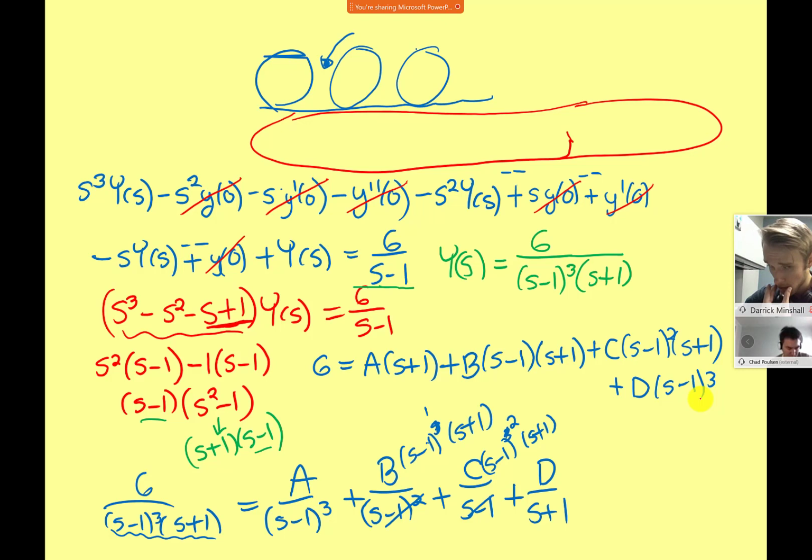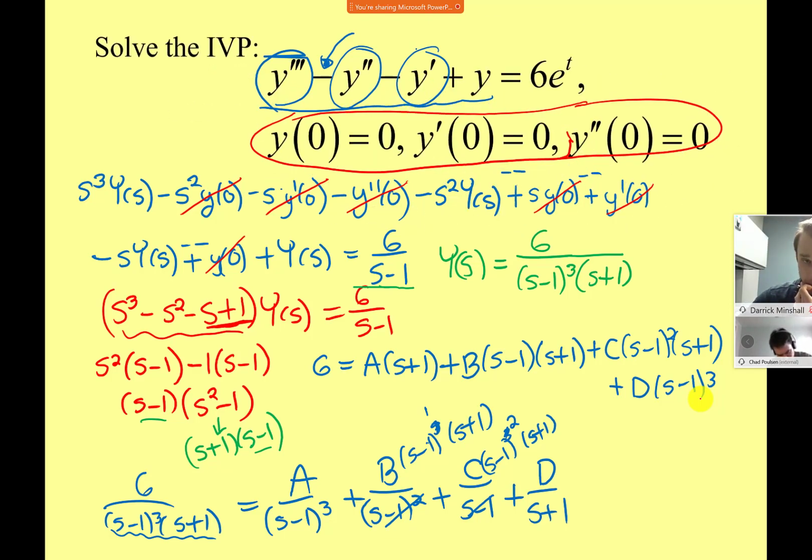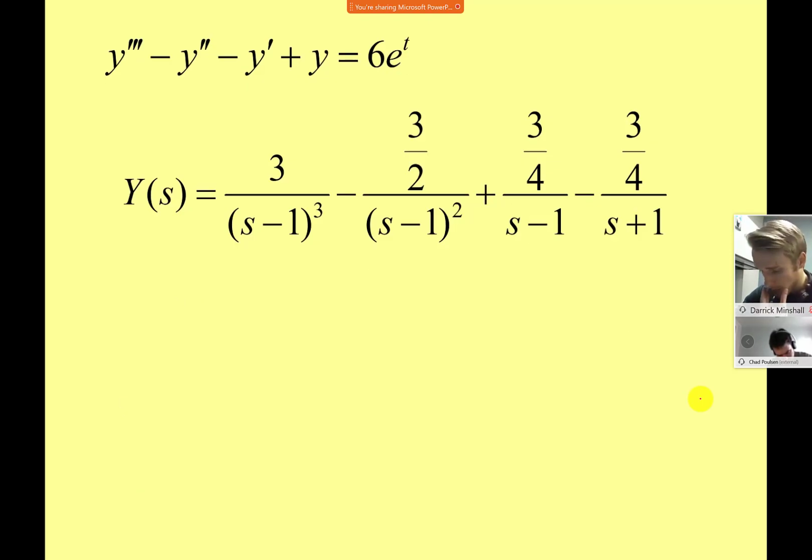So you are able to find this, and if you want, I can write it all out, but in the interest of time right now, I'm just going to show you what I ended up getting, which was this. And it turned out it did need all of those fractions.